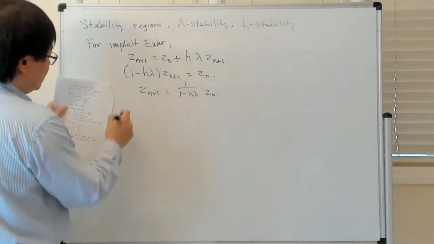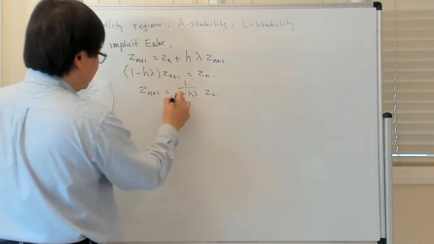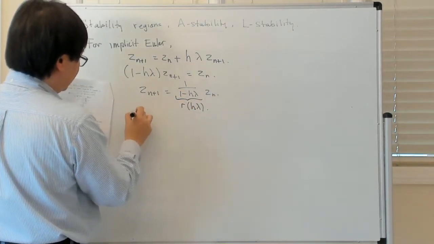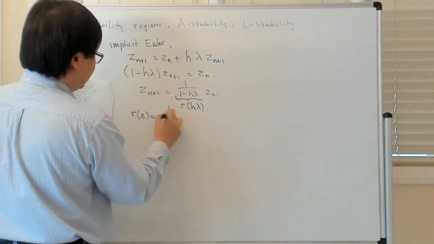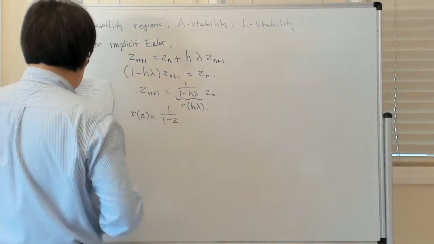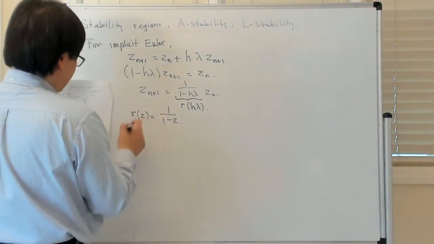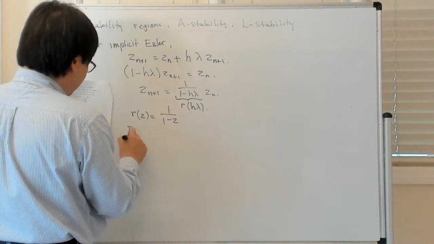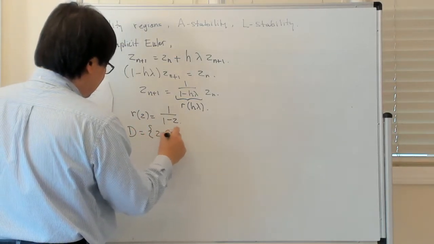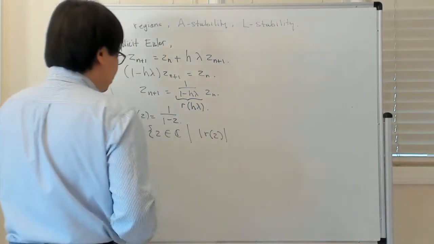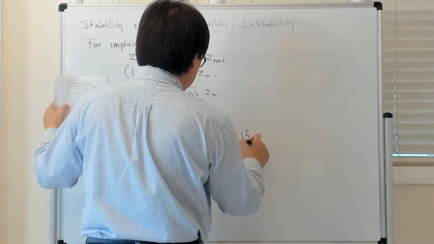So the stability function, if you will, is viewed as a function of h lambda. If you write this just as z, this is 1 over 1 minus z. And again, the stability region, let's call that D, is the set of points z in the complex plane such that the modulus of the stability function is less than or equal to 1.